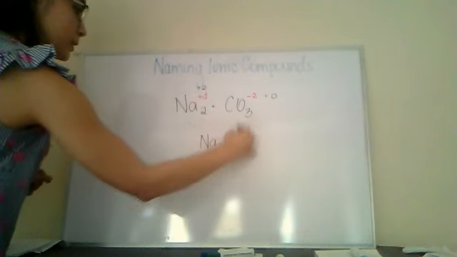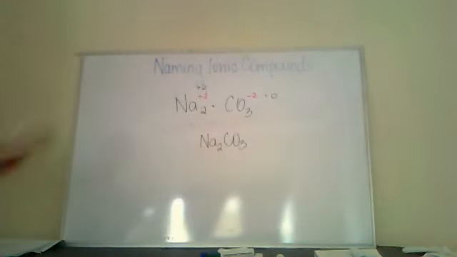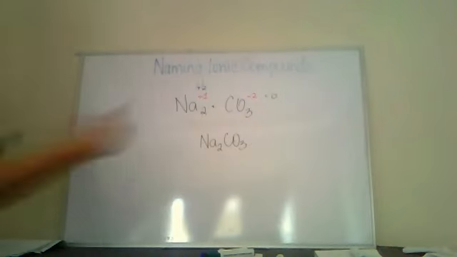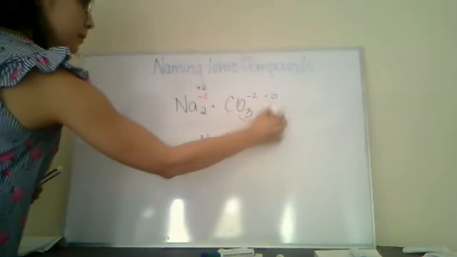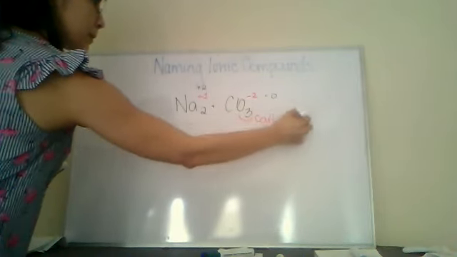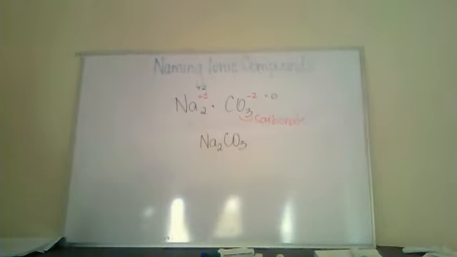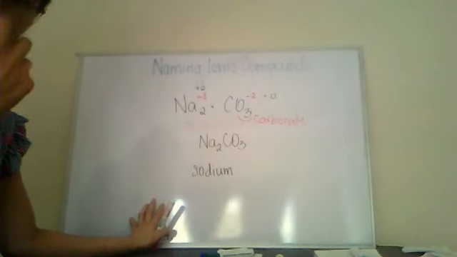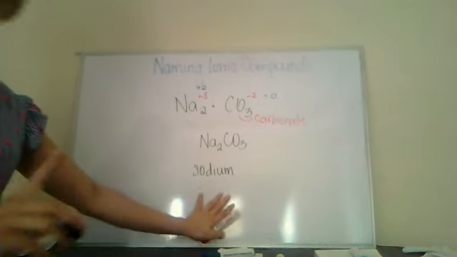Na2CO3. Now, how am I going to name this compound? Any idea? Well, as it is an ionic compound, it will be sodium, and the other will be carbonate. Sodium doesn't need parentheses, just sodium, because sodium only has 1 charge.